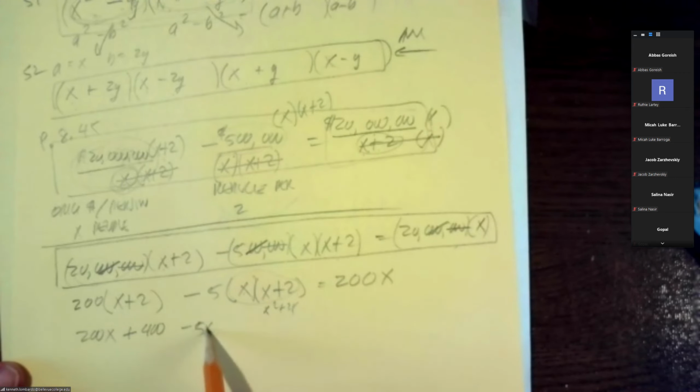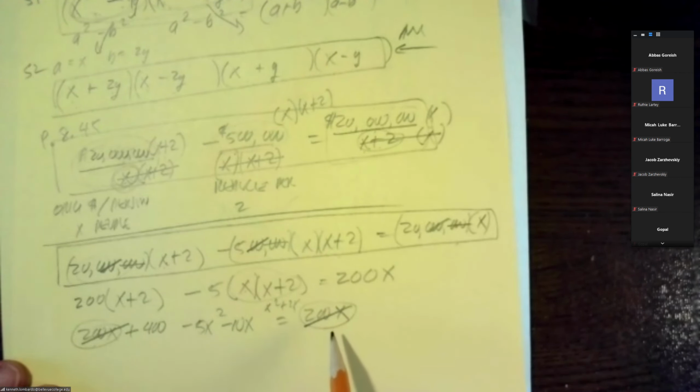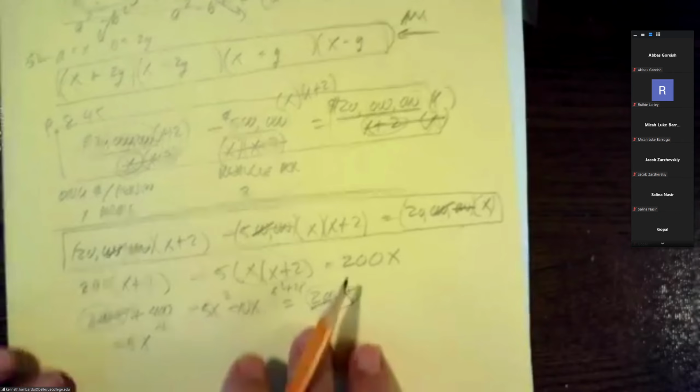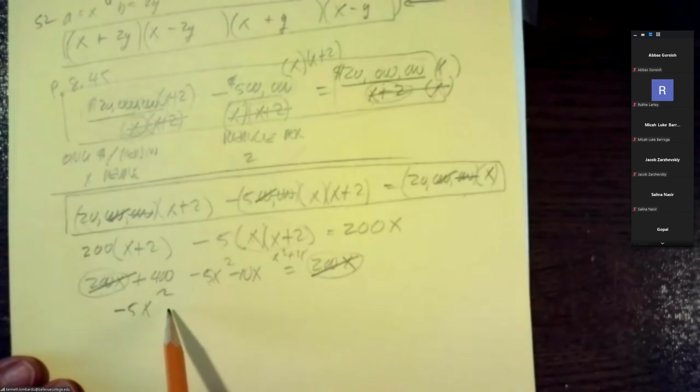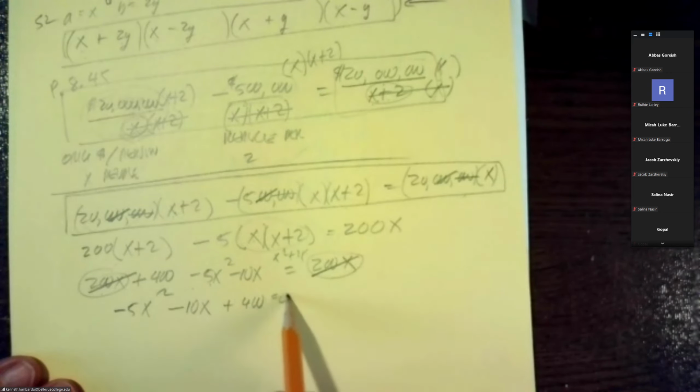So negative 5x squared minus 10x equals 200x. And if we've done our arithmetic properly, we've got a 200x here and a 200x there. So those will cancel. And it looks like we're left with negative 5x squared, negative 10x plus 400 equals 0.